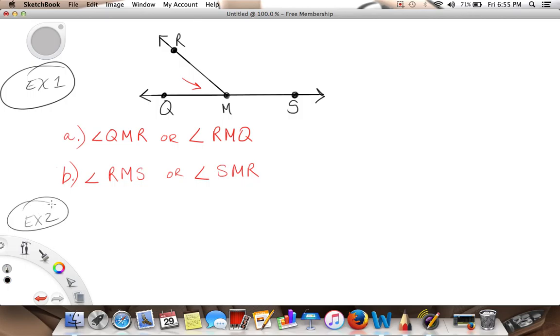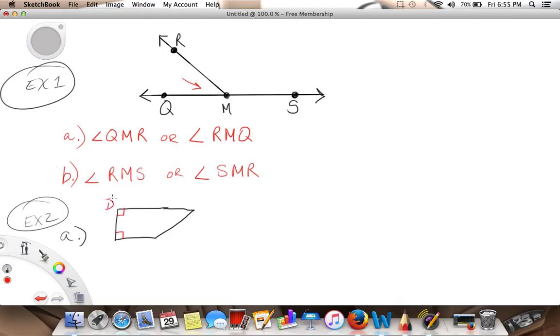Okay, example 2 says, in this figure, angle D is a right angle. Which other angle is a right angle? Well, we can see that in the picture, it looks like this. And they give you the little symbol right there, and that symbol right there.